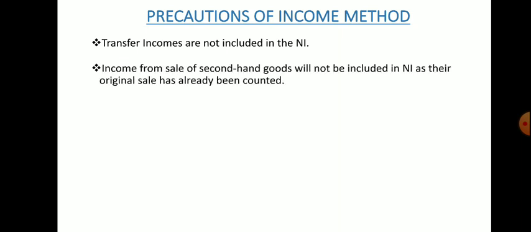The second thing to keep in mind is income from the sale of second hand goods. I have mentioned this point in the precautions for the value added method also. Any sale of a second hand good will not be included in national income accounting.